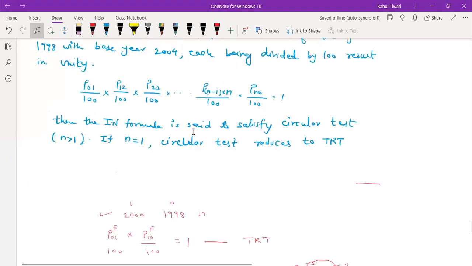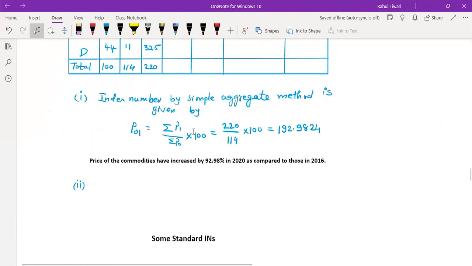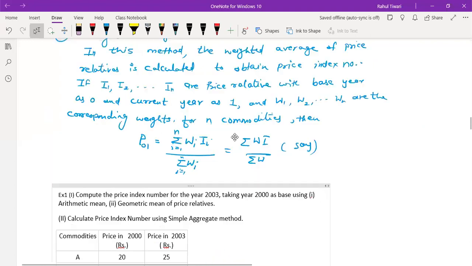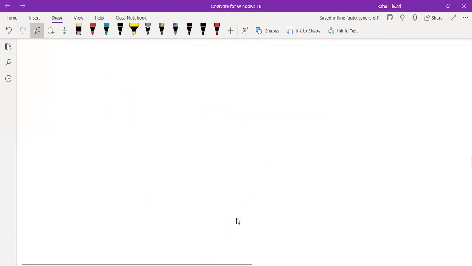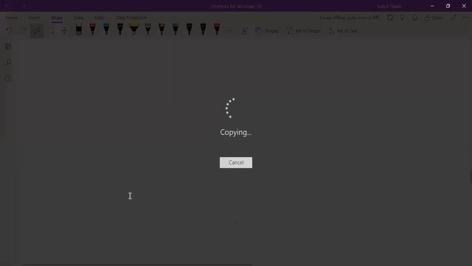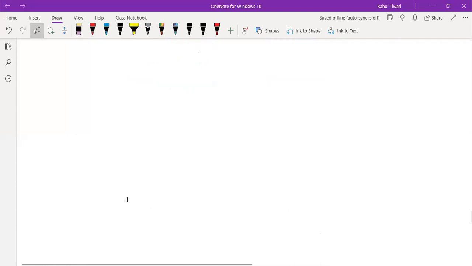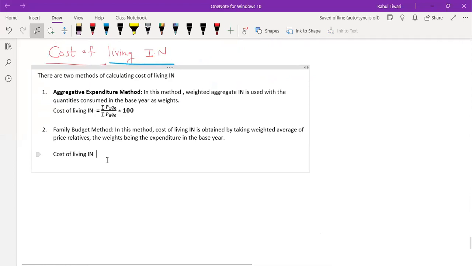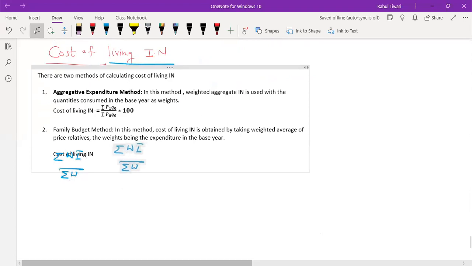If you remember, it is summation of WI upon summation of W, this is the weight.